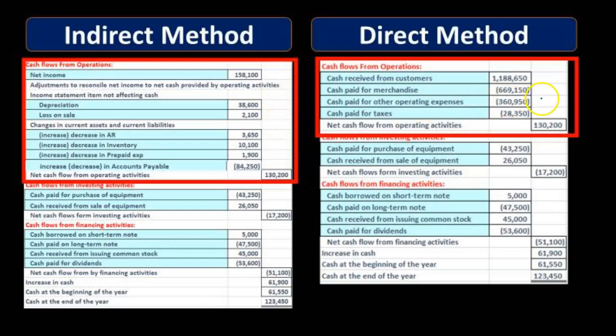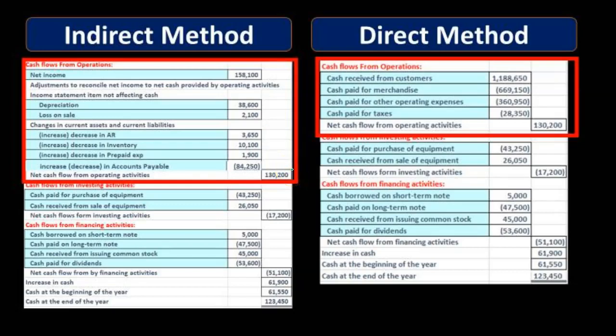When we do the direct method, it's nice because we've reconstructed everything line by line, and we can compare the income statement versus the cash flow statement line by line in terms of the operating activities. But the indirect method gives us the exact difference, the changes, the reconciliation between net income on an accrual basis and the cash flows from operations, which is like net income on a cash flow basis.